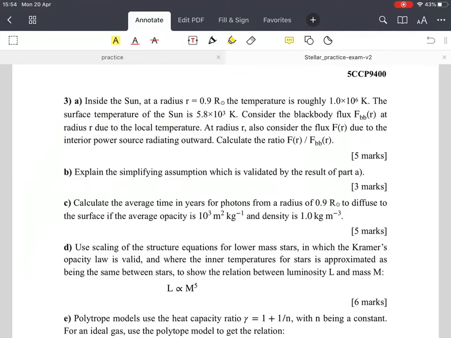Now, this is a relatively easy question, particularly as you have full access to look up the equations for opacity.